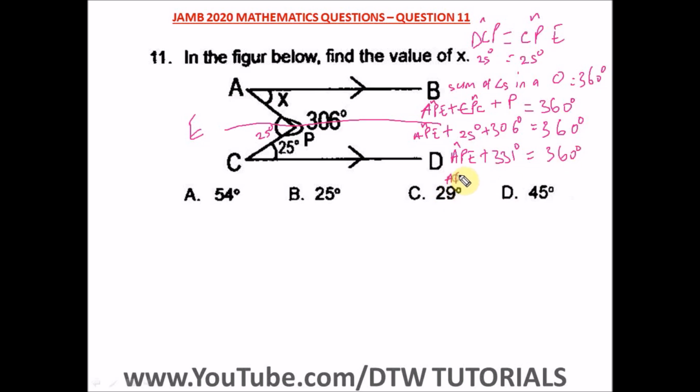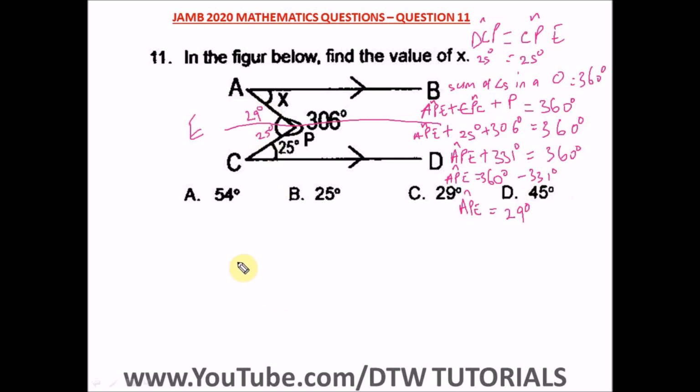Therefore, APE, which is the angle here, is equal to 360 degrees minus 331 degrees. So therefore, APE is equal to 29 degrees. So therefore, here is equal to 29 degrees.